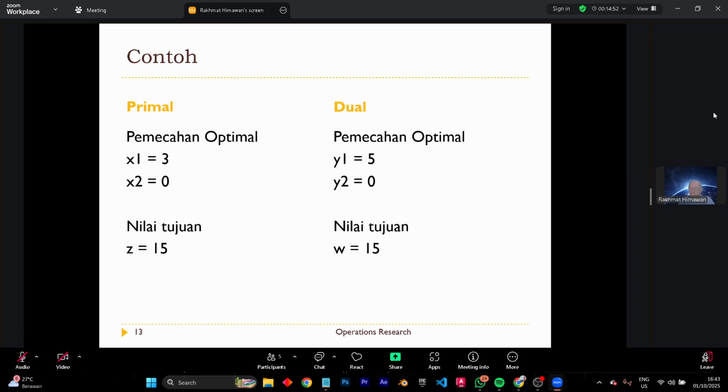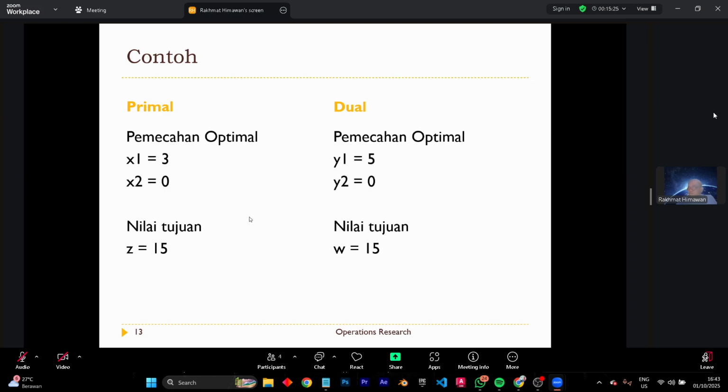It's just that something is wrong with the code or the settings. But there is a solution. W is 15, so Z must be 15 too. Then you have y1, y2, and with additional analysis, which we will not cover now but maybe later in session 2, you can find out what x1 and x2 are. That's the main purpose of the dual.